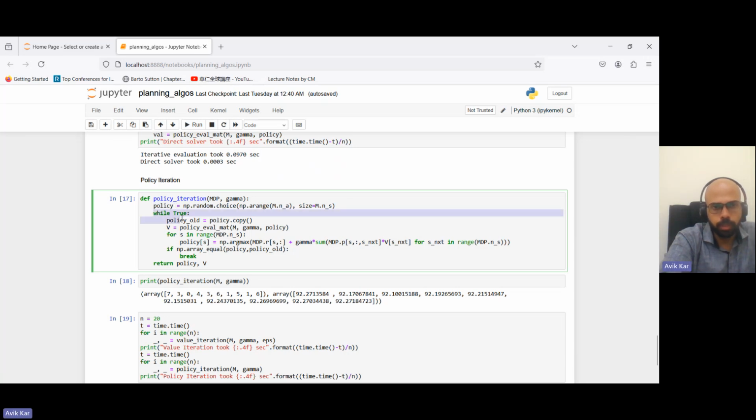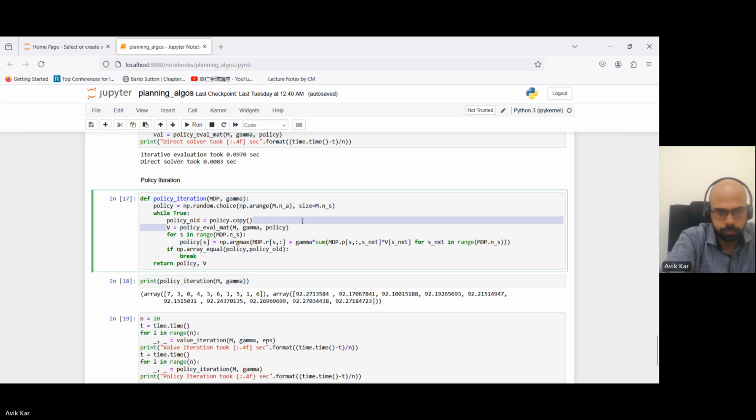So here, in this step, we are copying the old policy to policy_old, and then we are evaluating the policy, that is the old policy. We're saving the policy in some other variable so that later you can compare with the newly generated policy.